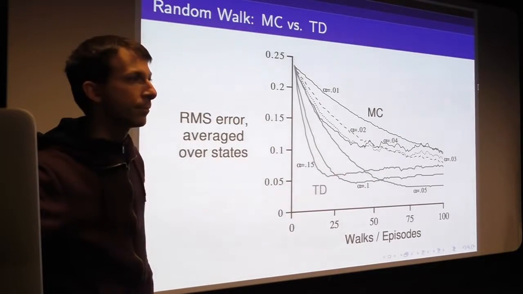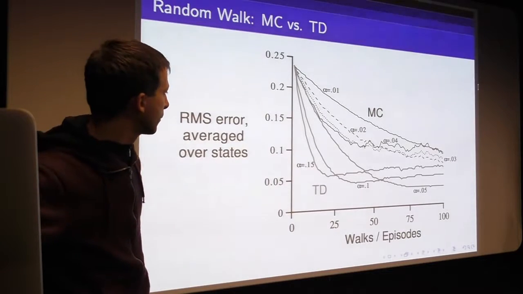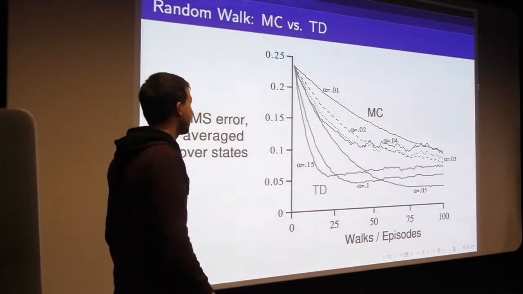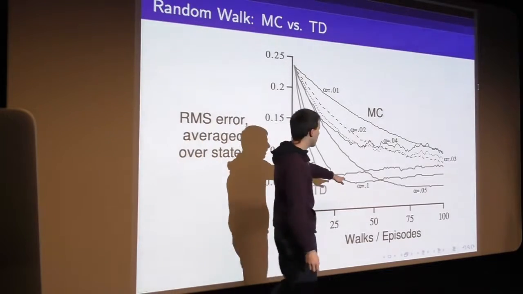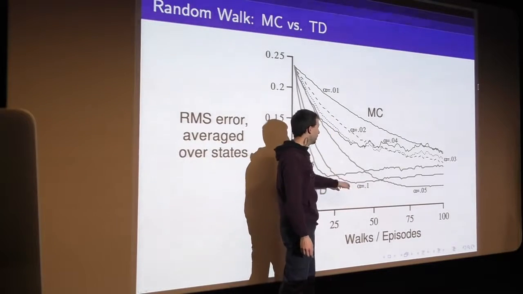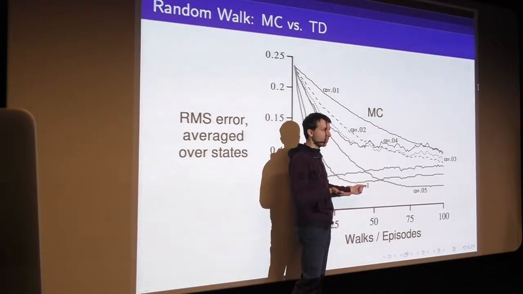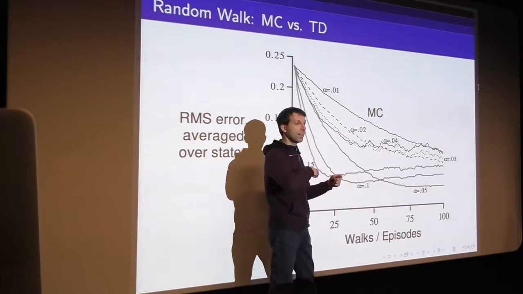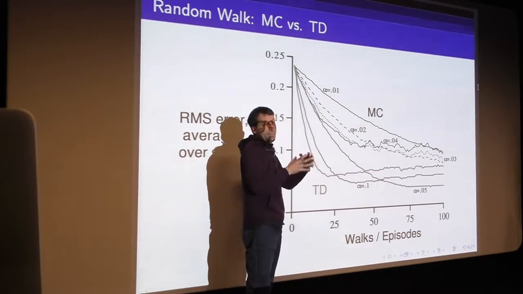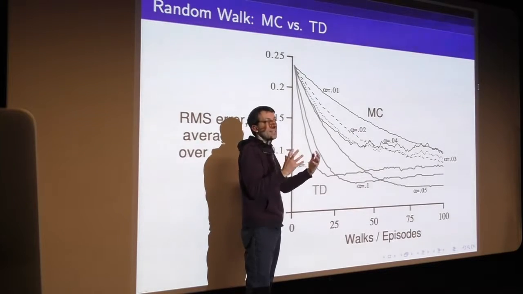Is there any reason that the error stopped improving when we increase the number of episodes? I think it's just that the noise in these step sizes is very high. With these step sizes, you can never get exactly to the true value function. With a large step size, you will oscillate around the true value function within some ball that's governed by the size of your step size.